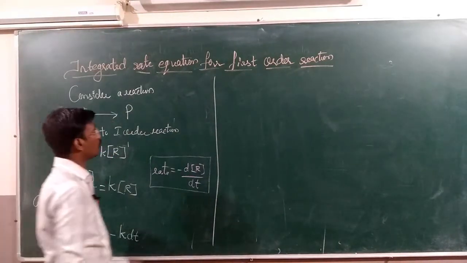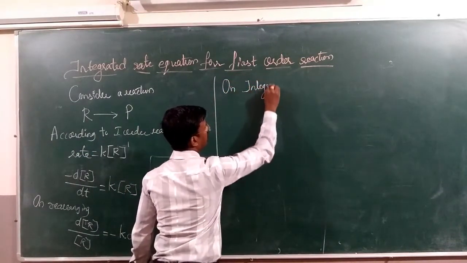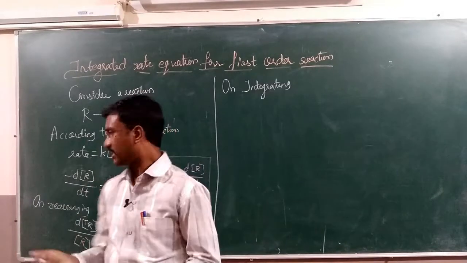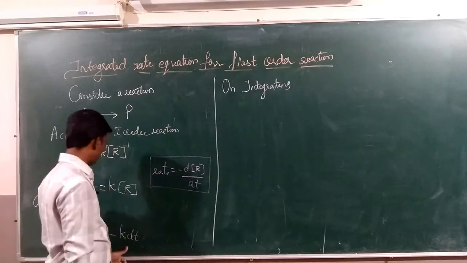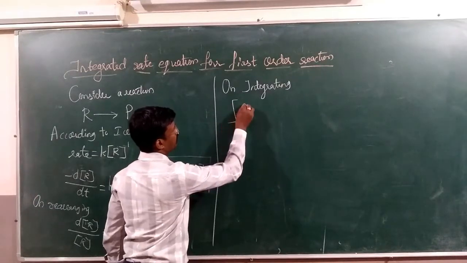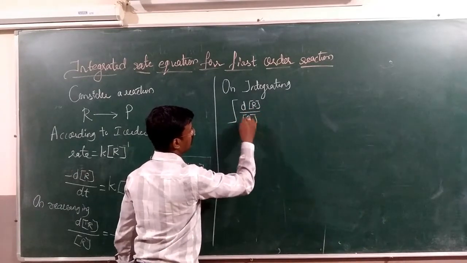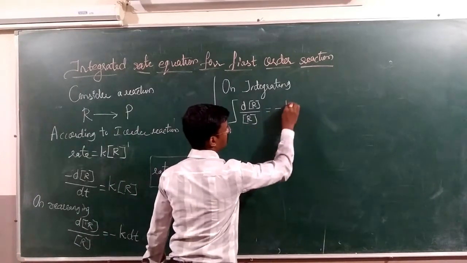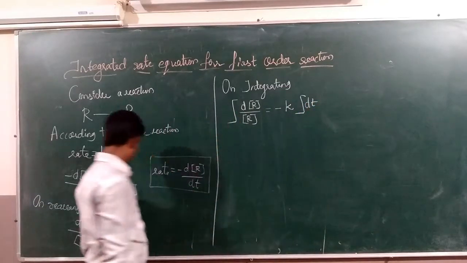To this expression, we now introduce integration. On integrating both sides, left and right, we get the integral of dR divided by R on the left, and on the right, minus K, which is a constant, is taken outside, times the integral of dt.